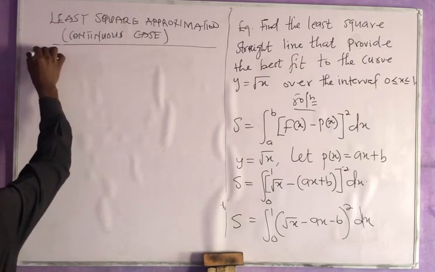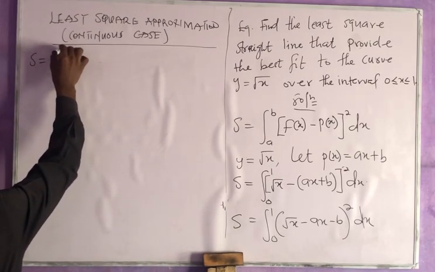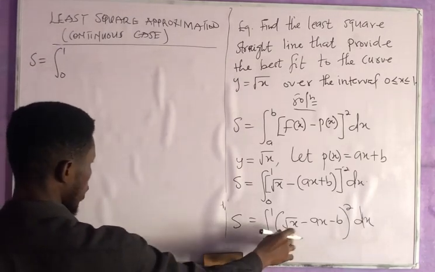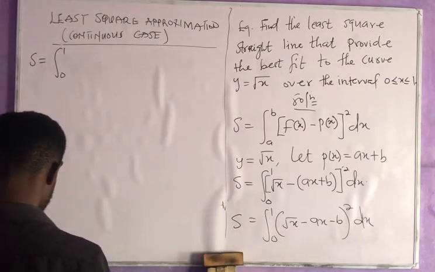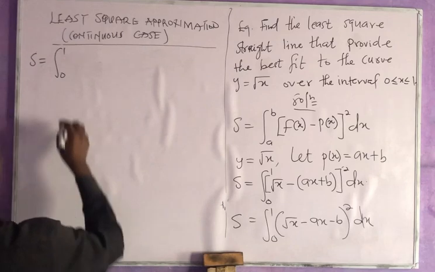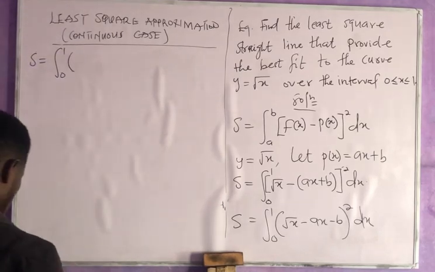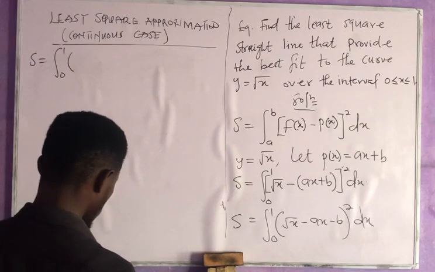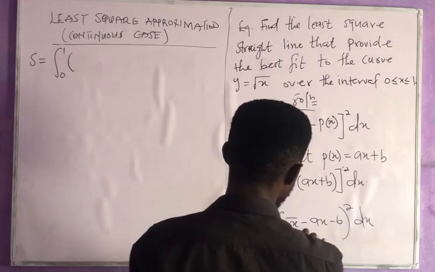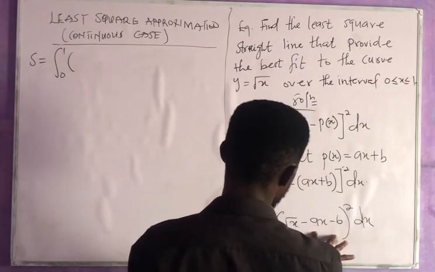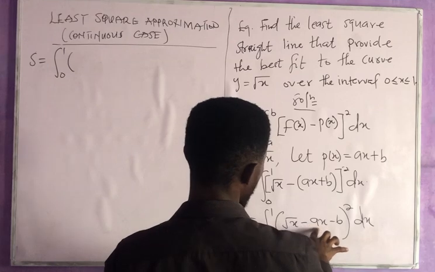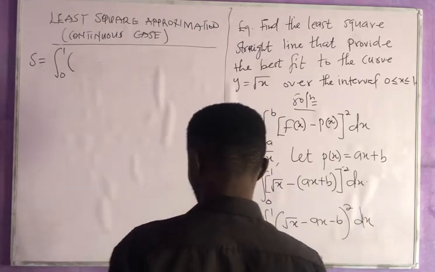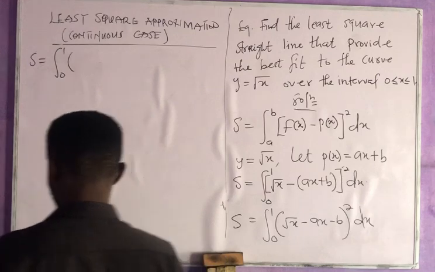So you know that my S equals the integral starting from 0 to 1. So if I expand this one, this will give me this. I'm going straight. You can decide to open this, rewrite this one 2 times, root x minus ax minus b in one bracket, another bracket, then repeat it and expand it yourself. You can do it.